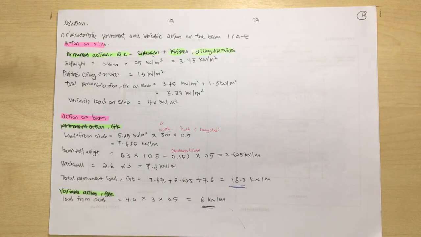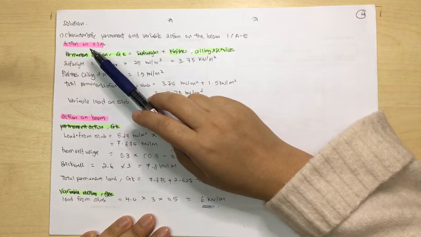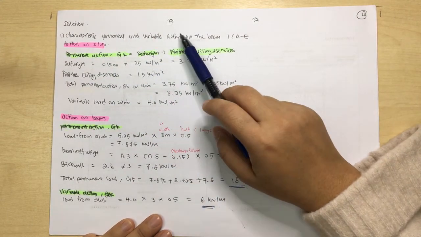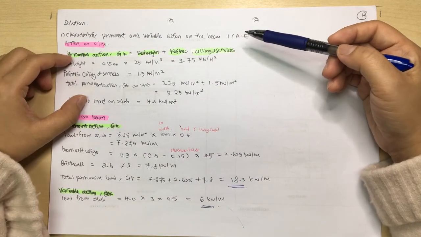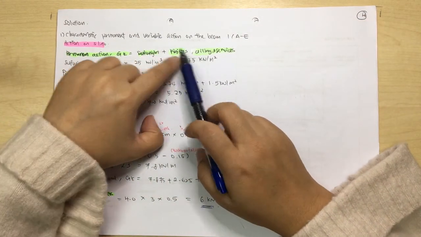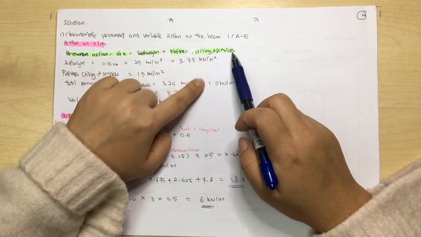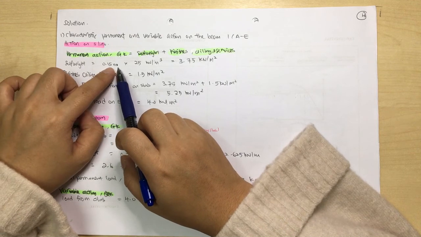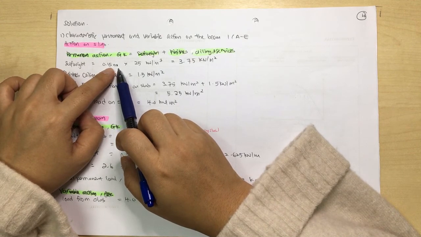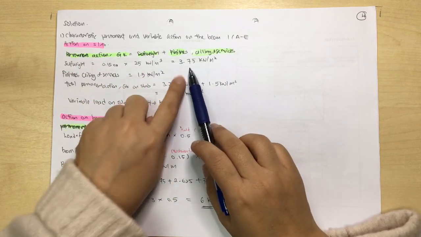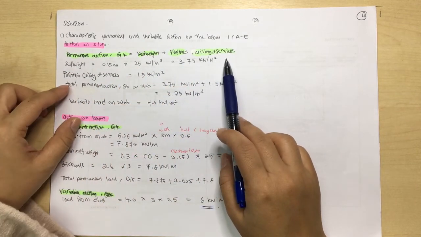So the solution is, first, we always calculate the action starting from the slab. Characteristic permanent and variable action on beam AE, action from the slab. Permanent action GK is the self weight of slab plus finishes, ceilings and services. Self weight is 0.15 meter, the thickness, times the unit weight of concrete, which gives 3.75 kilonewton per meter square.